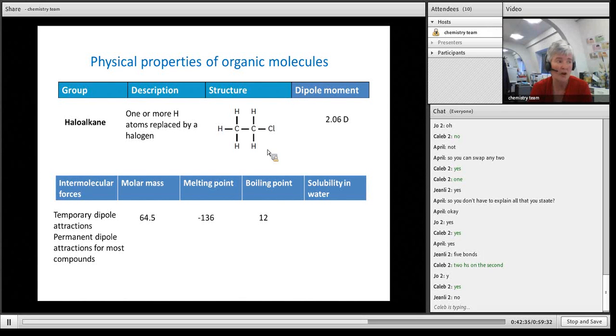And although this is polar, it doesn't cut it. So you're going to find that this will actually just sink below water with a little bit dissolving. Okay, so it's what we call sparingly soluble. A little bit will dissolve, but not very much. And it's really because it can't form hydrogen bonds.